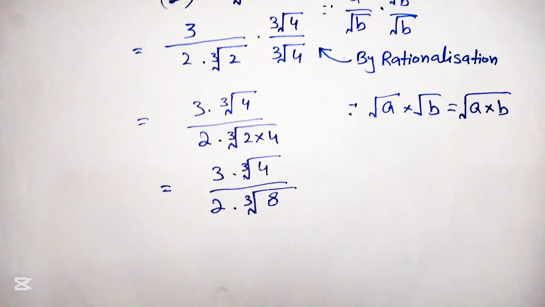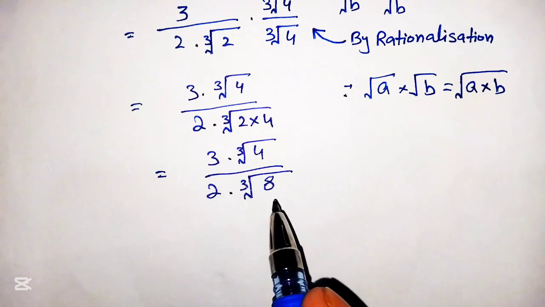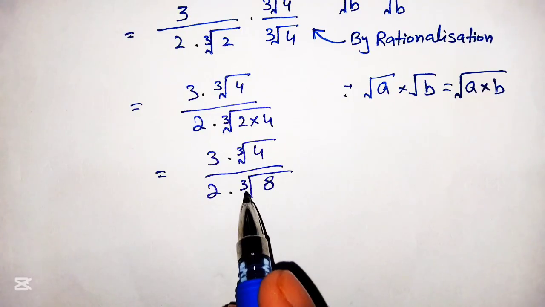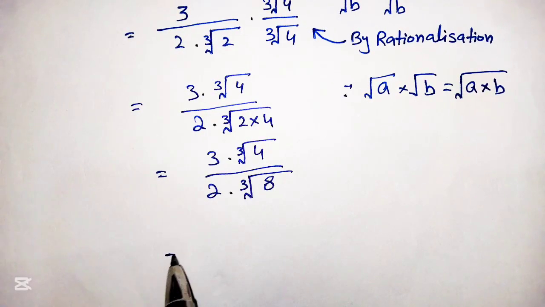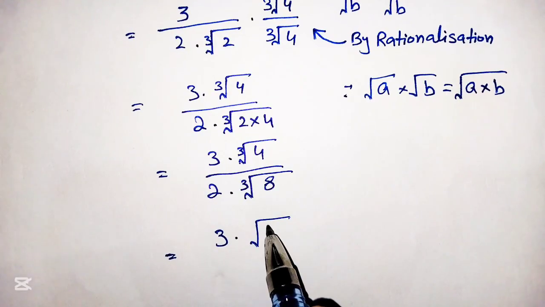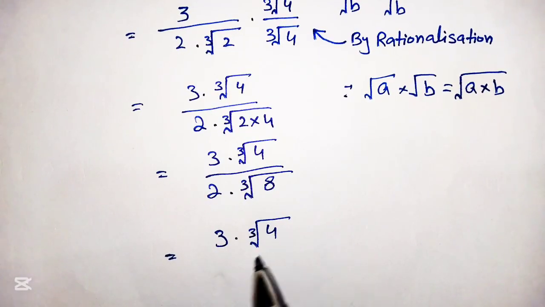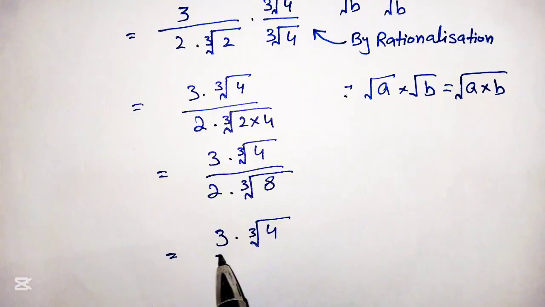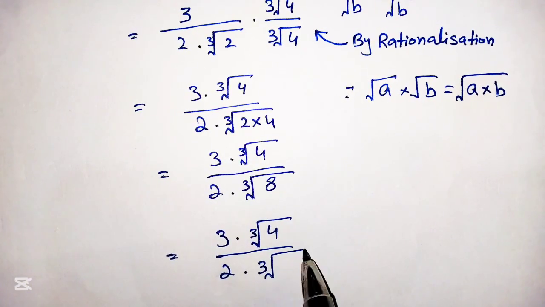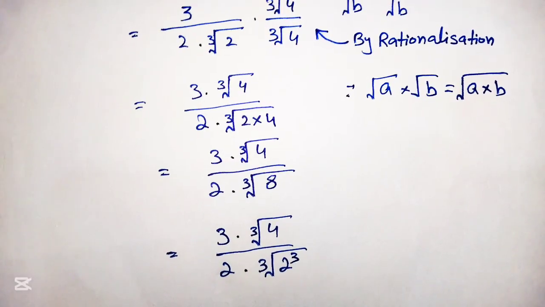Now we can see that this 8 can be written as a perfect cube, that is 2 raised to power 3, and it will help us to eliminate this radical from the denominator term. So 3 times the third root of 4 divided by 2 times the third root of this 8, which can be written as 2 raised to power 3.